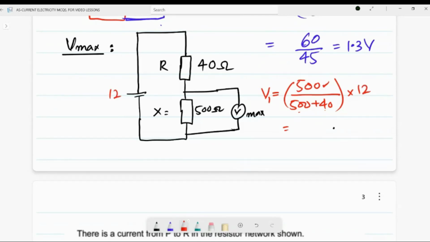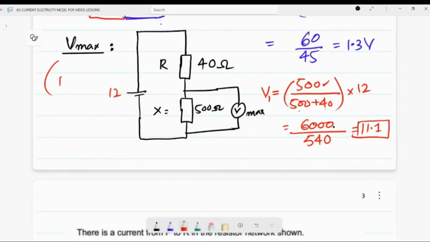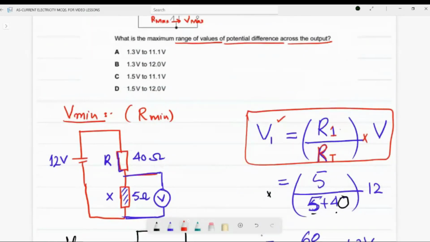So the total value will be 500 times 12, which is 6000, divided by 540, and you get 11.11. So I will write it as 11.1. Hopefully the answer is: Vmax is 11.1 volt, and your minimum value is 1.3. So according to that, your option A is correct.